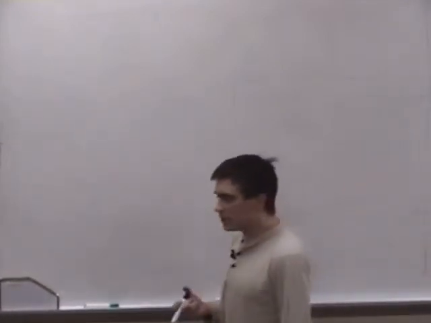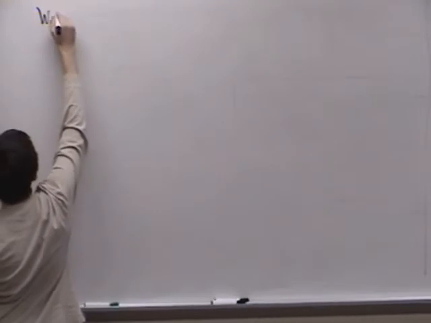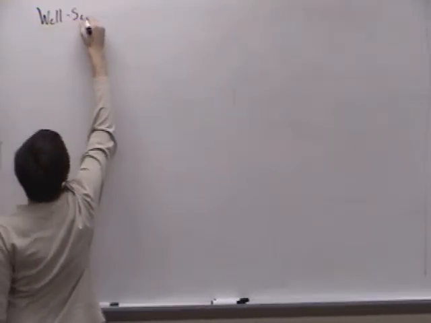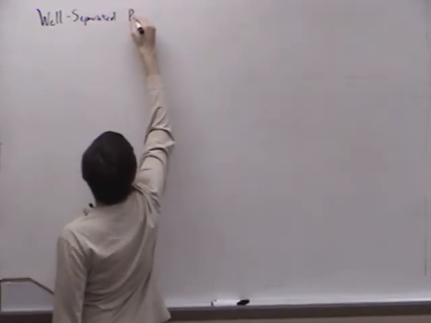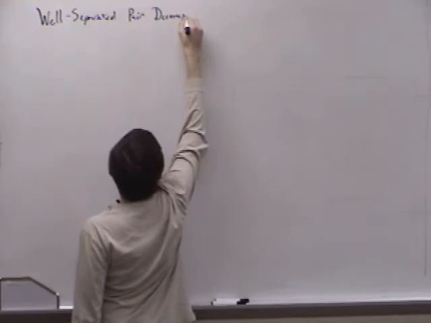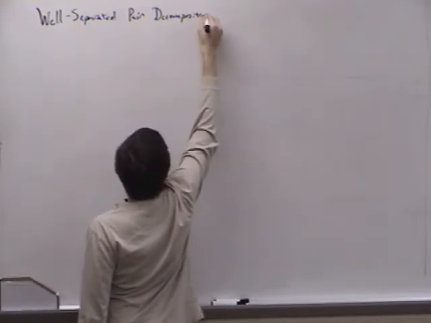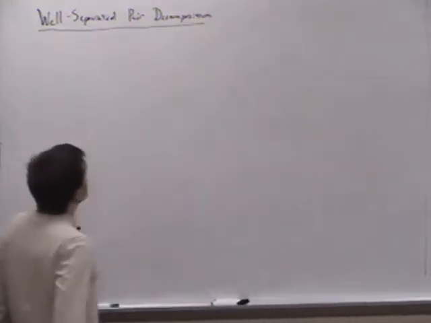And so what I'm going to do today is talk a little bit more about how this whole machinery works, right? So the subject of today's lecture is the well-separated pair decomposition. At a high level, we know we can solve things like the closest pair of points using this.